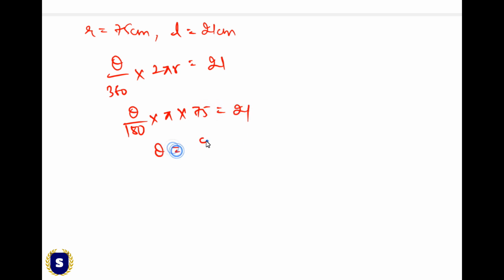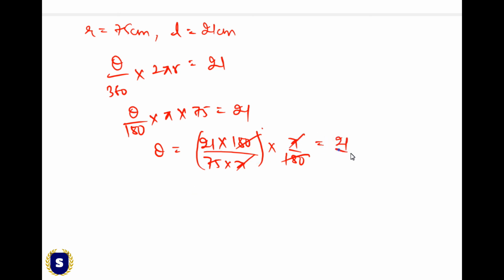So theta comes out to be 21 into 180 by 75 pi. Again in degrees, to convert it into radians, we multiply it by pi by 180. Let's cut it by 3. 3 7s are 21, 3 25s are 75. So 7 by 25 radians.